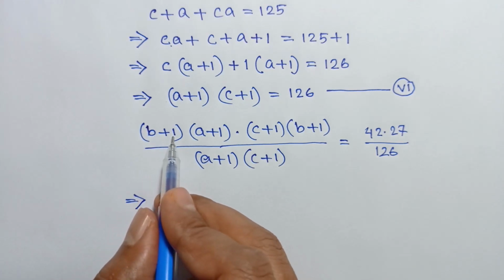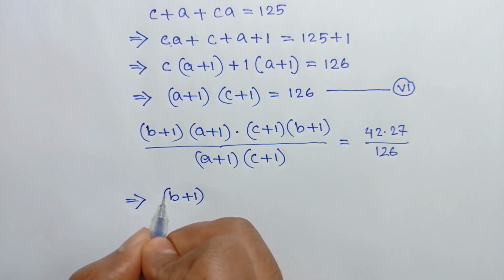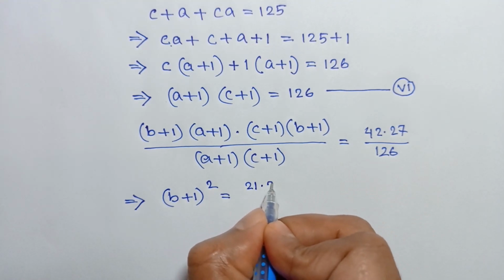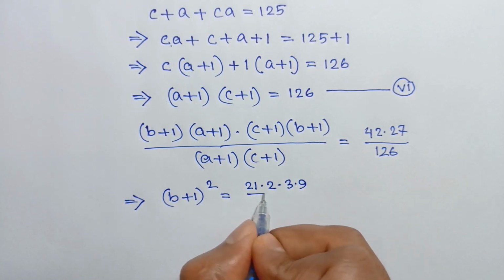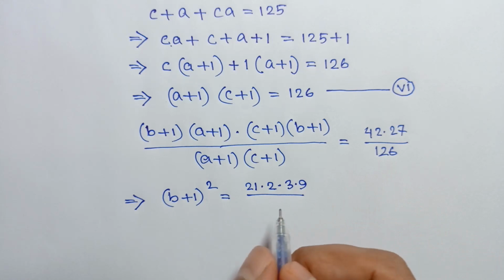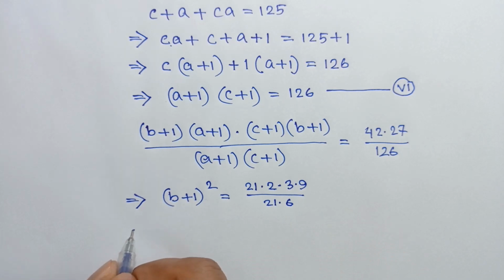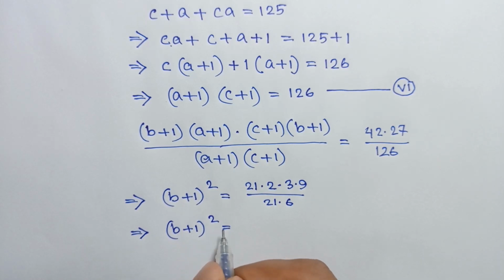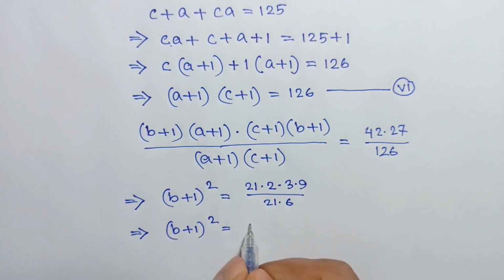It will remain (b + 1)(b + 1), which is (b + 1) whole squared, equal to 42, which can be written as 21 times 2, times 27, which is 3 times 9, over 126, which is 21 times 6. This 21 and 21 will cancel out, and 2 times 3 is 6, this 6 and 6 will cancel out, so it will remain 9.